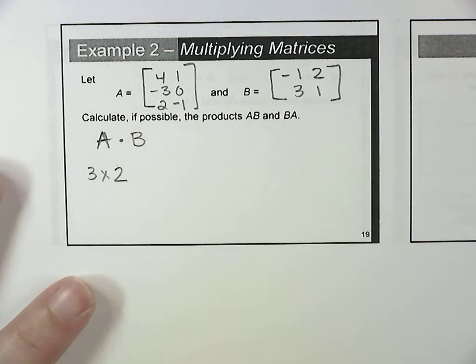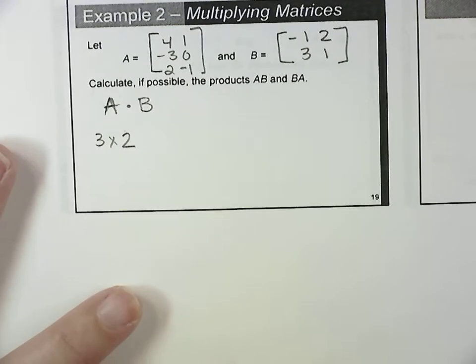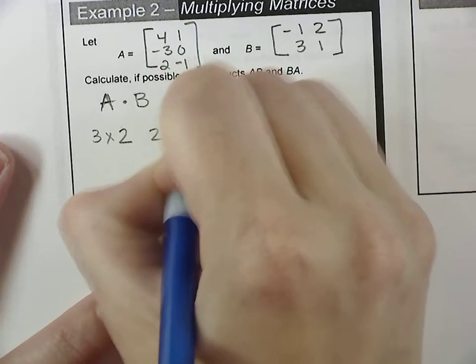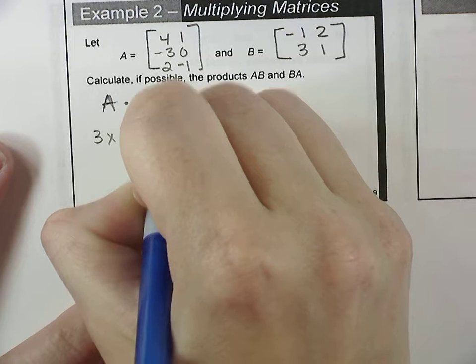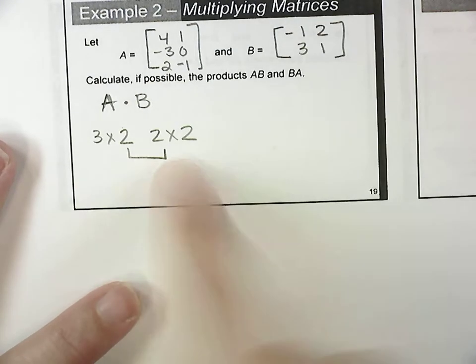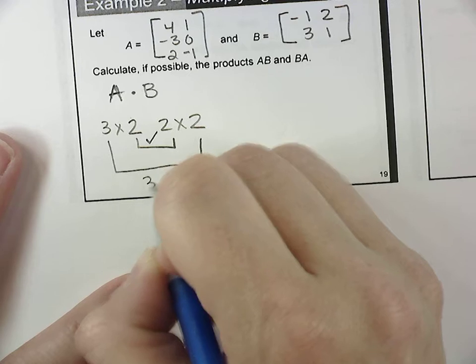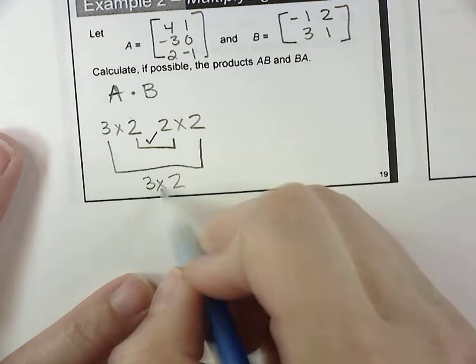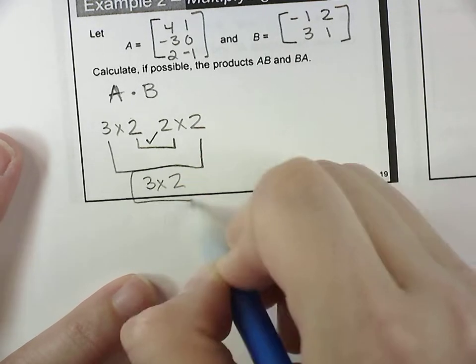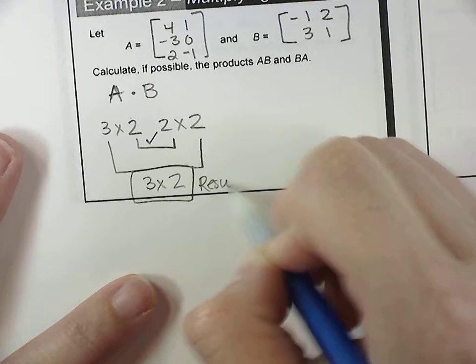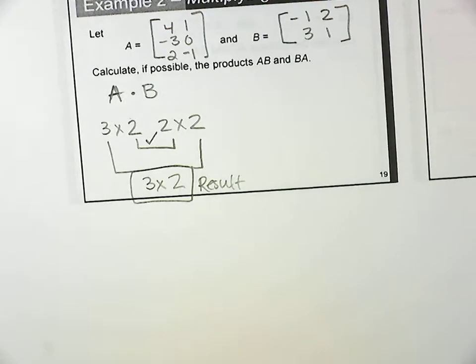So it's a 3 by 2, okay? And then B is a what? A 2 by 2. So what you have to make sure is that the number of columns match the number of rows, and if they do, then you can find A times B. So this is going to be a 3 by 2. That's what your result matrix is going to be.